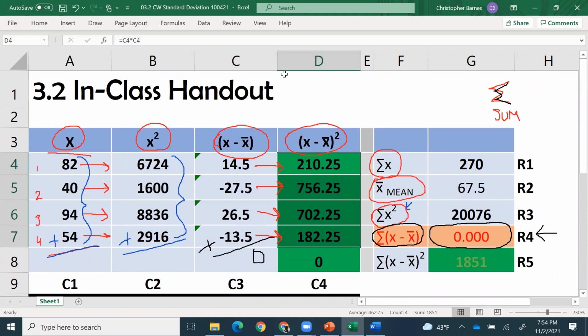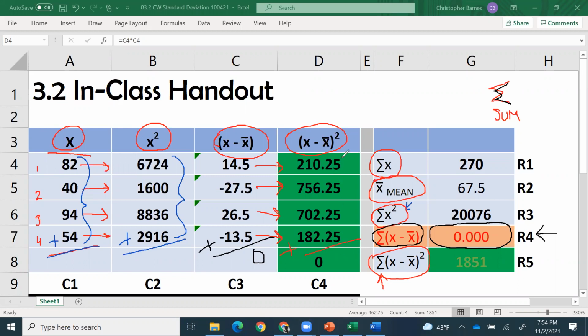Now, again, understanding the sigma: this right here, we have the summation. First thing we're talking about. This is adding up all the deviations, the x minus x bar that we squared. So again, we're taking these values right here, adding them all up.